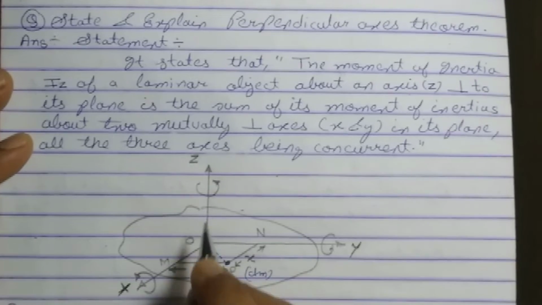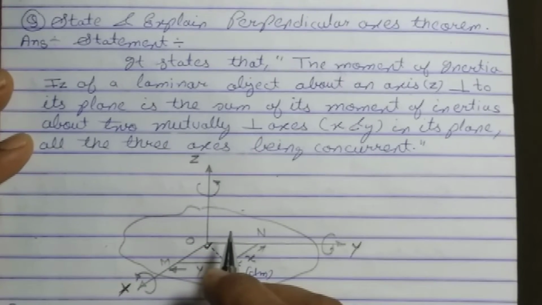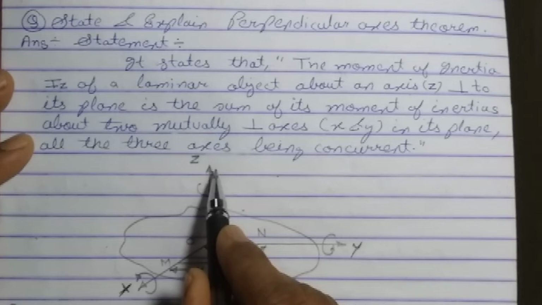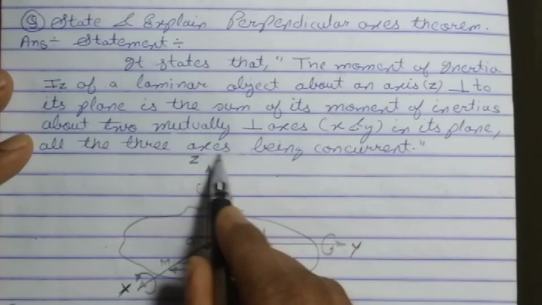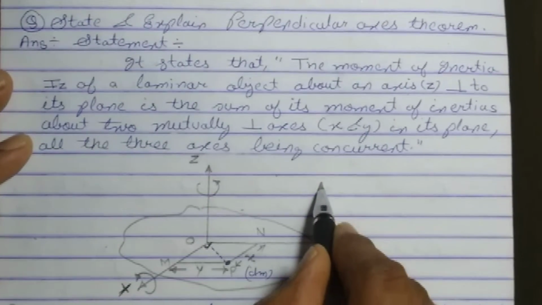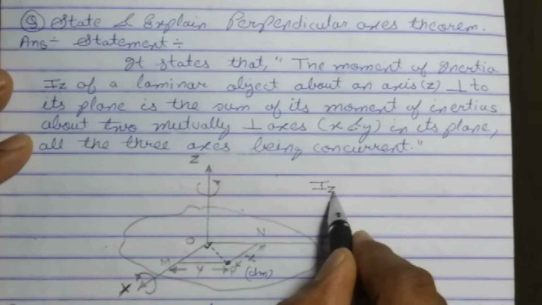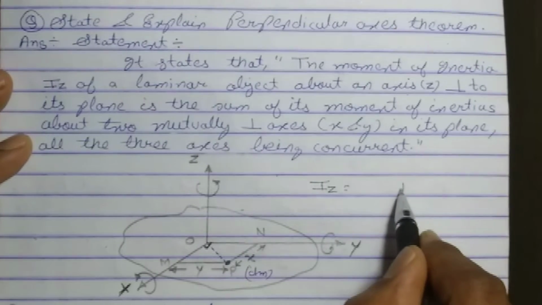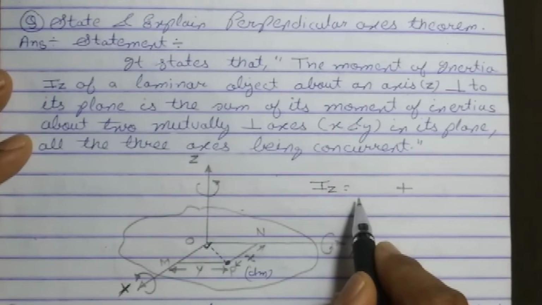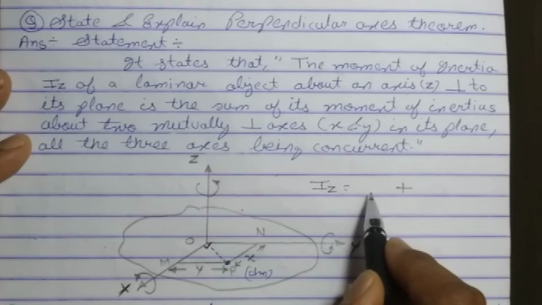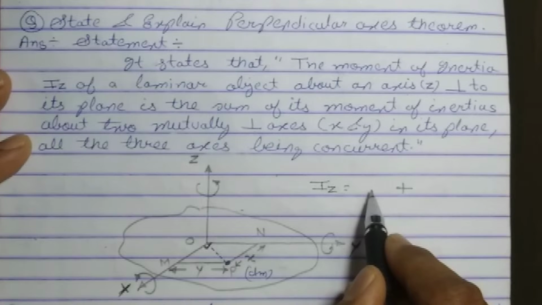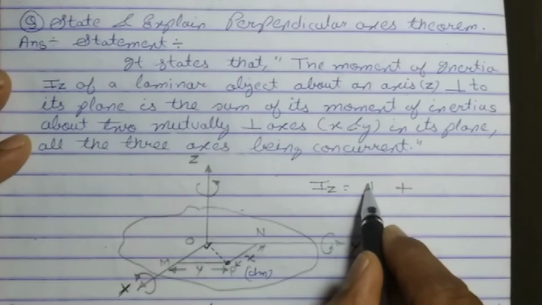Students, if a body consists of three rotational axes, two in the same lamina and one perpendicular to the lamina, then the moment of inertia of the body about an axis which is perpendicular to the plane lamina is always the sum of its moments of inertia about two mutually perpendicular axes in its plane. Which two perpendicular axes in the plane, students?